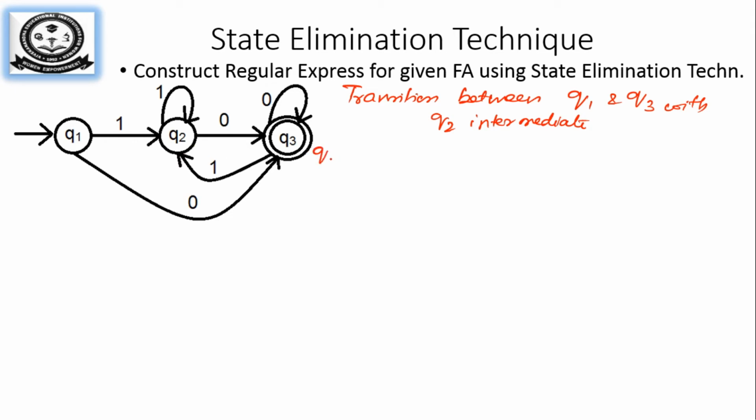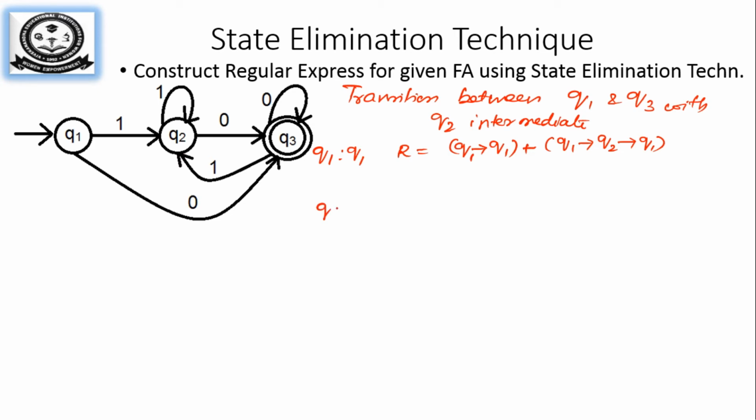So first the self transition Q1 to Q1. Whatever the regular expression or transition may be, we will take it as Q1 to Q1 self transition plus the second transition via Q2, so Q1 to Q2, Q2 to Q1.